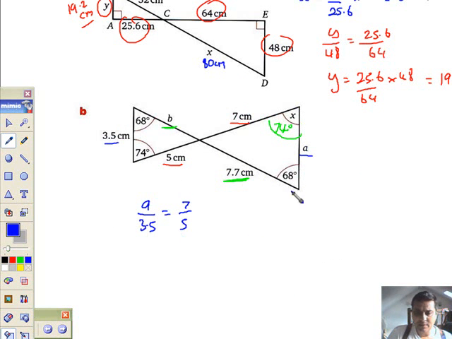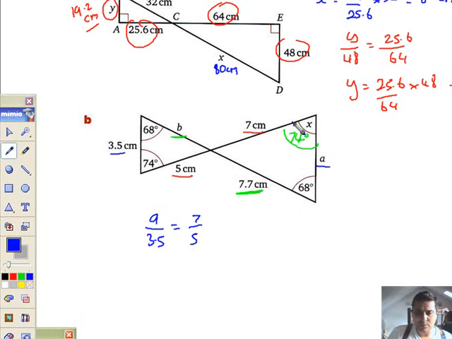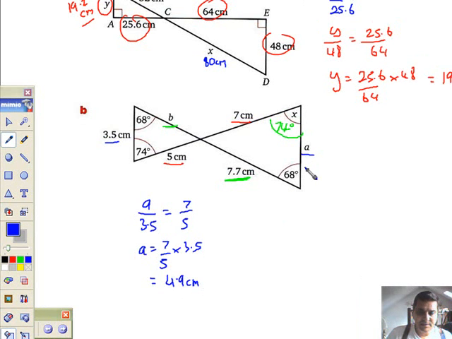So this over this equals that over that. Take the 3.5 over and multiply. Here we go. 7 divided by 5 multiplied by 3.5 gives us 4.9. Lovely. 4.9 centimeters, and that's 4.9 centimeters.